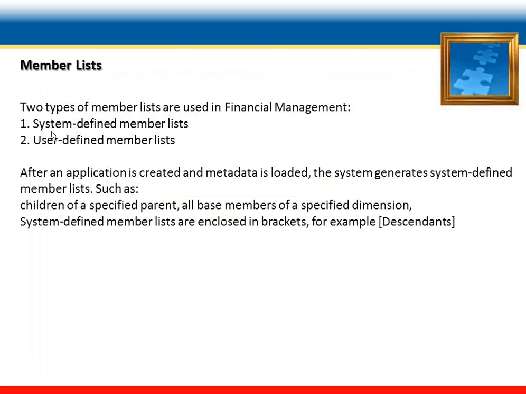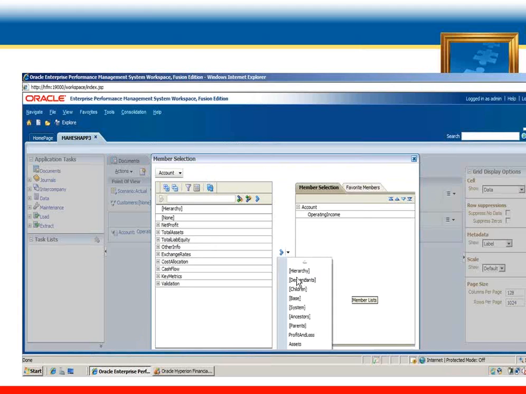So system defined member list and user defined member list are the two types of member list. Hierarchies, descendants, children, base, system, ancestor, parents, which are included in the brackets, we call a system defined member list, and these are created by using VB script.